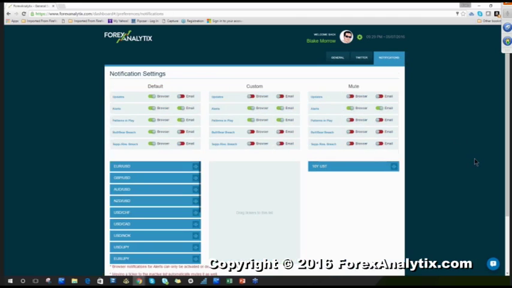I just wanted to mention that our platform, ForexAnalytix, the analysis delivery platform that you have right here, you can use on a mobile browser, whether you have an iPhone or some sort of smartphone, and of course on tablets. We are in development right now for a standalone mobile app, which will come as part of the subscription.